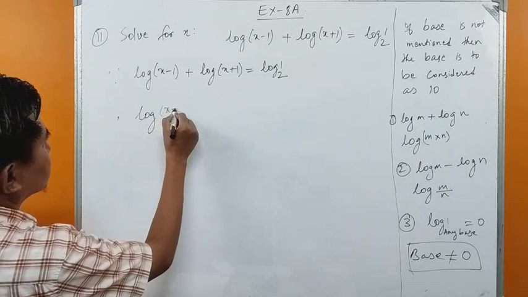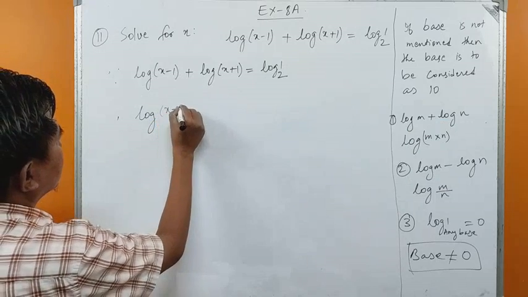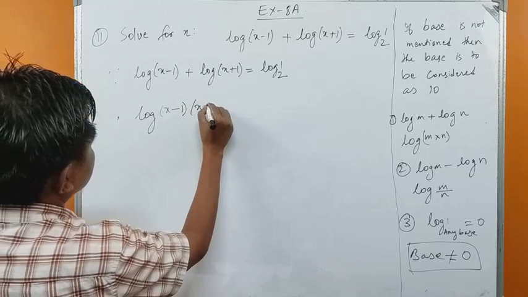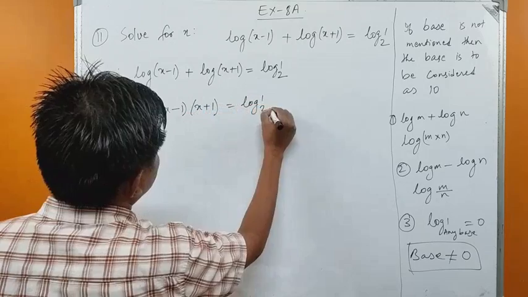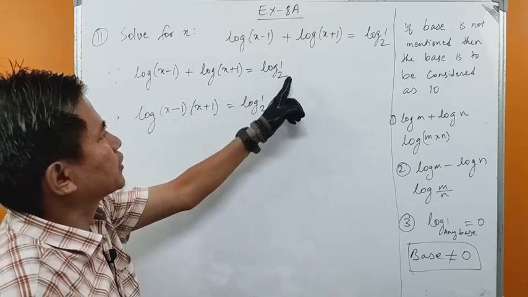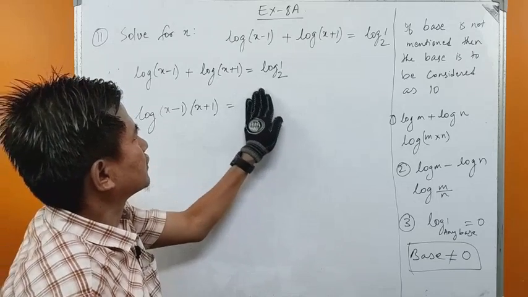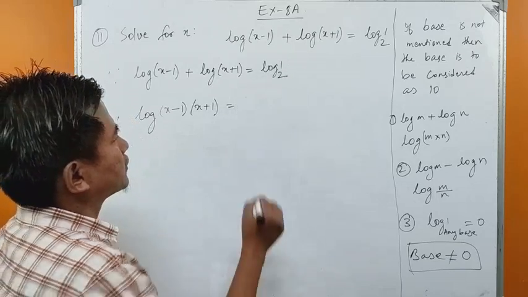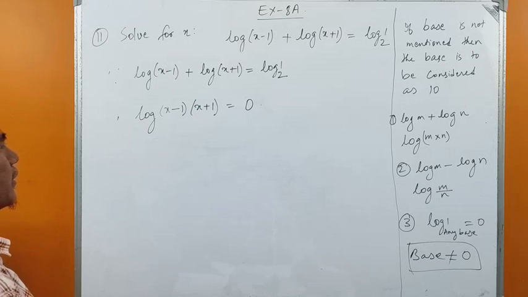Log of (x minus 1) into (x plus 1) equals log 1 to the base 2. So log 1 to any base is always 0, isn't it? So no need to write this, we write 0 straight away.